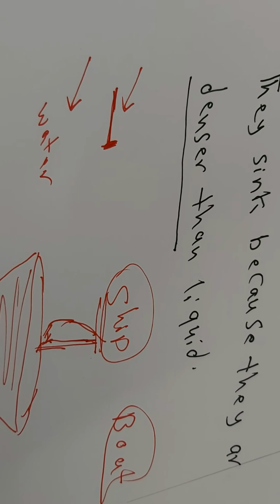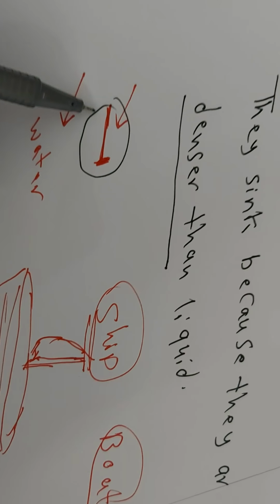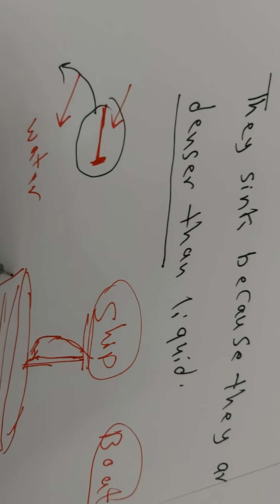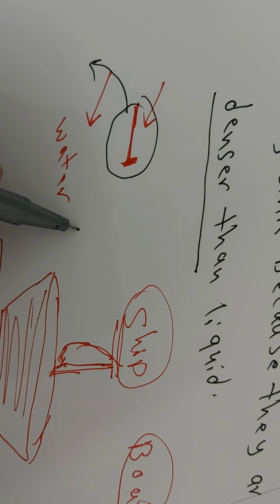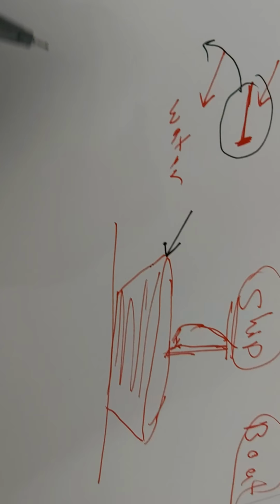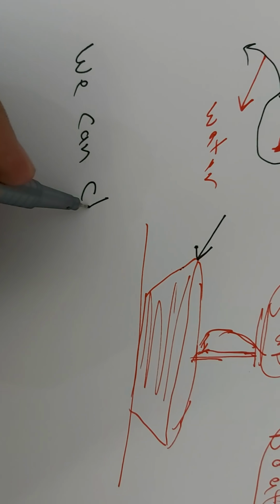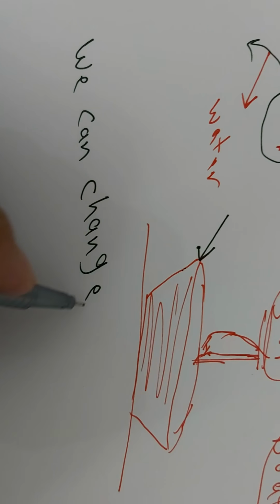Okay, so why does this nail sink? We said because it's denser than liquid, and this is also from iron, but this is less dense. So we can change the density.